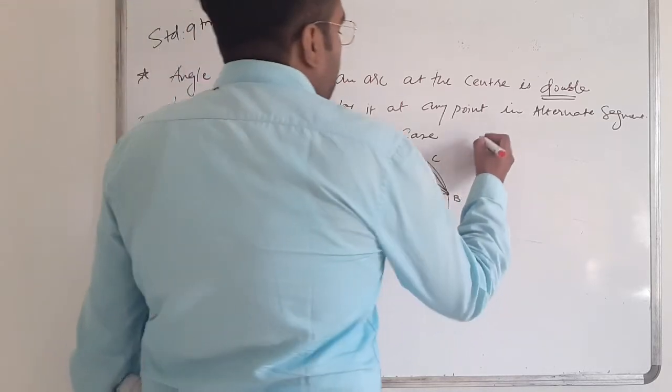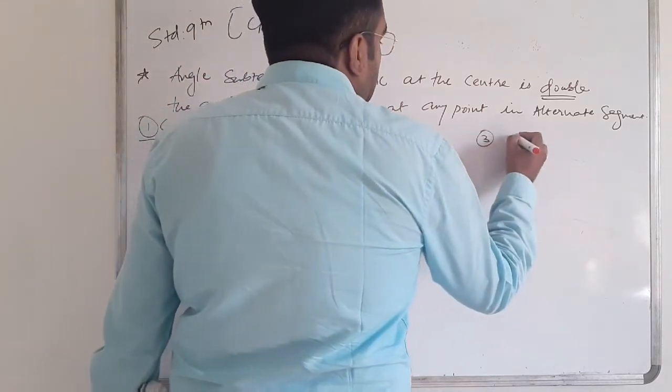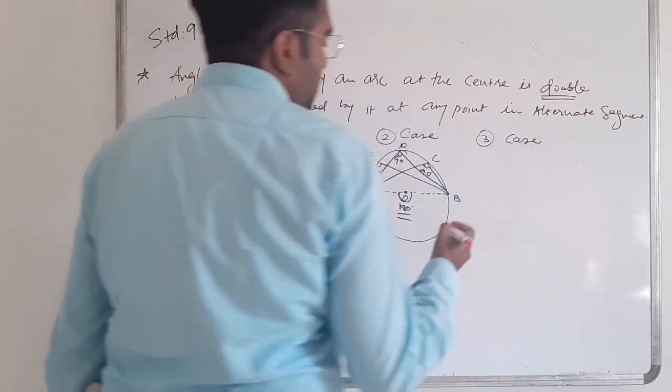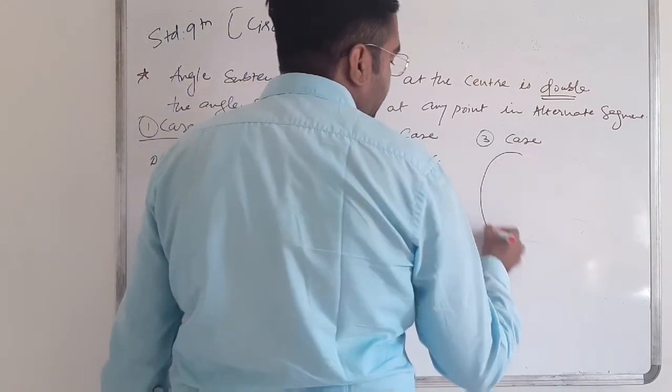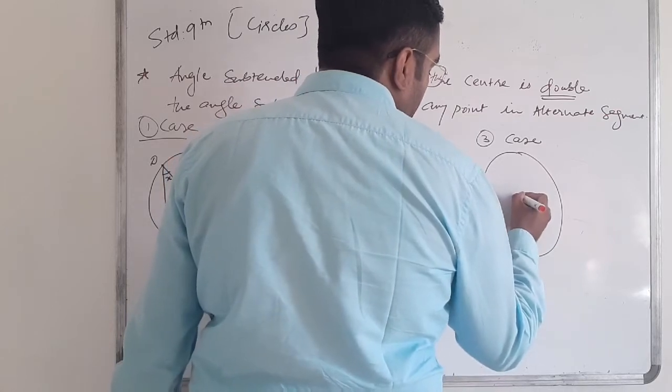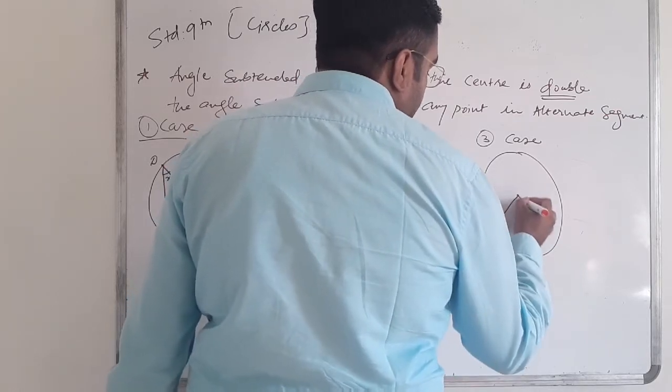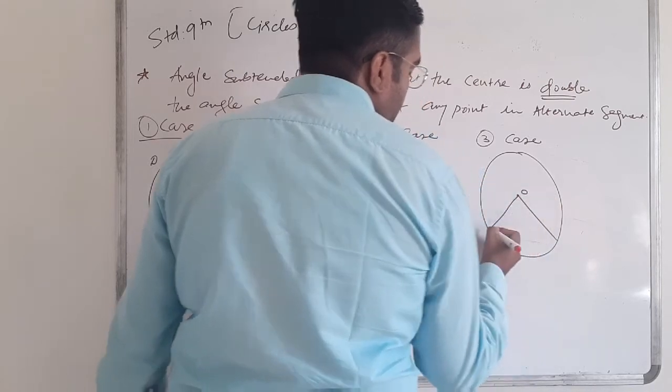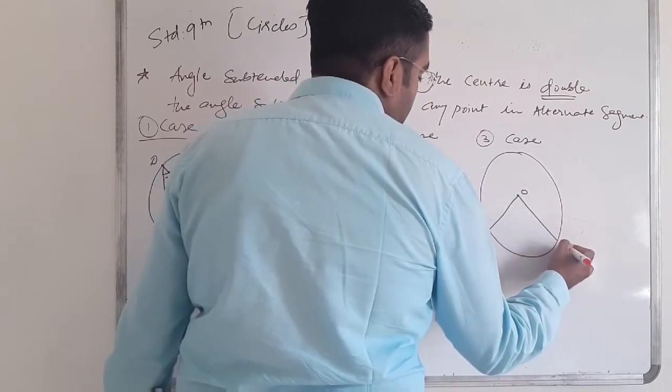And if we take case 3, the third case, the angle formed opposite to it. This is my AB.